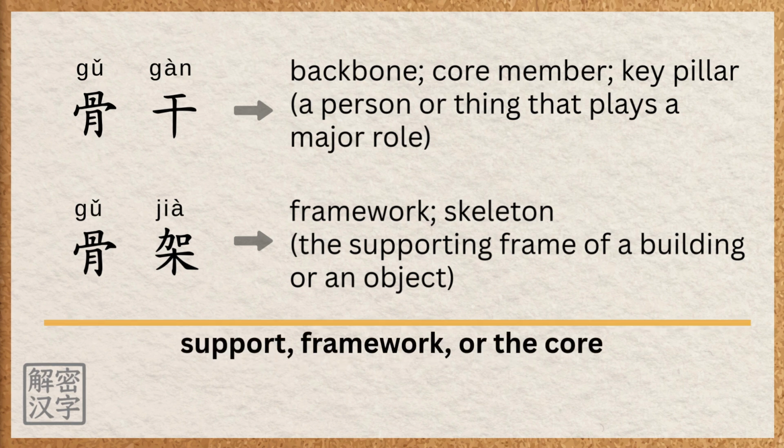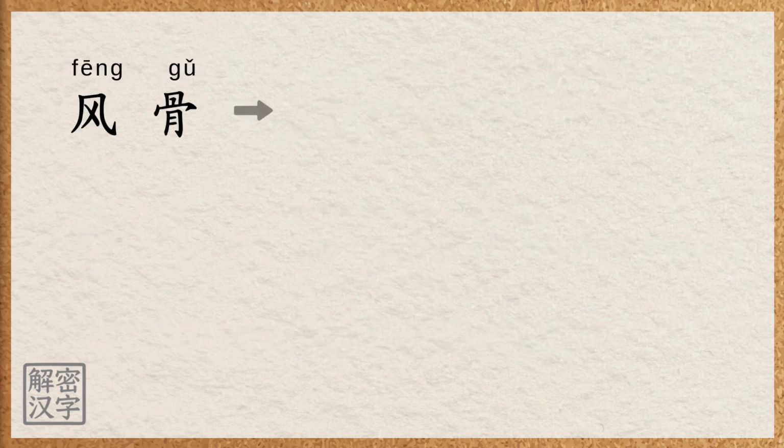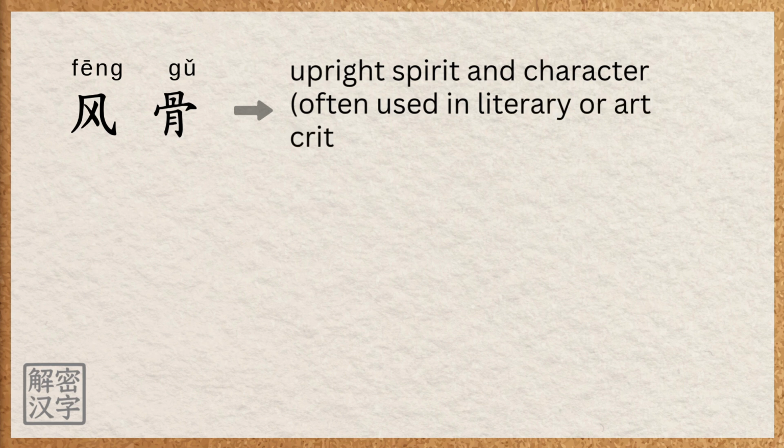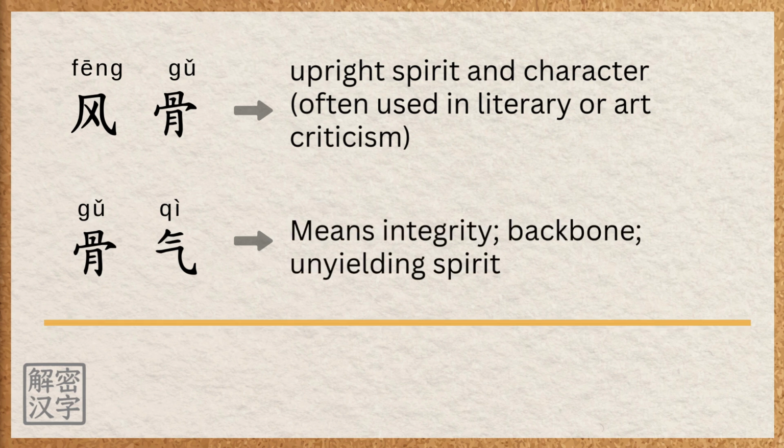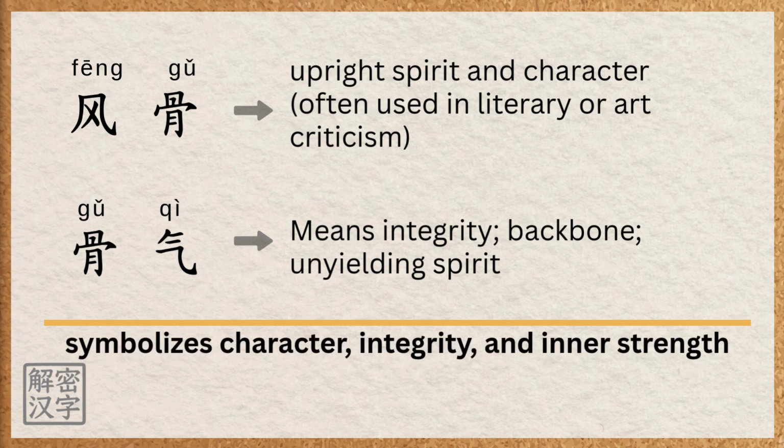Here, gu is used metaphorically to mean support, framework, or the core. 风骨 means upright spirit and character, often used in literary or art criticism. 骨气 means integrity, backbone, unyielding spirit. Here, gu symbolizes character, integrity, and inner strength.